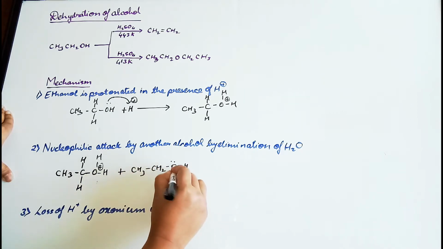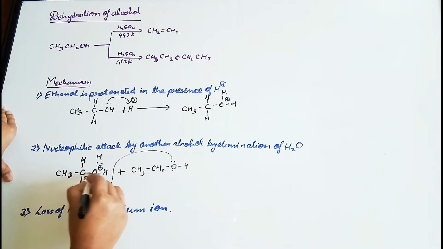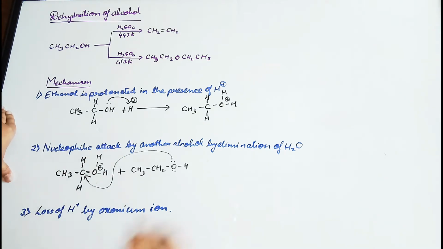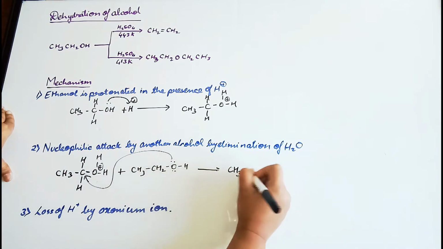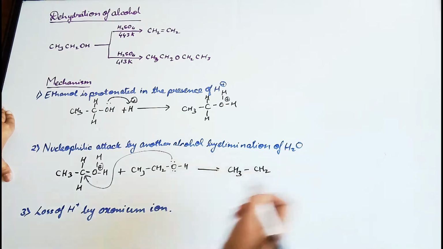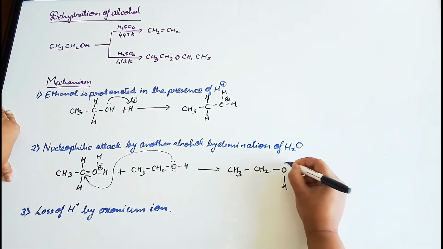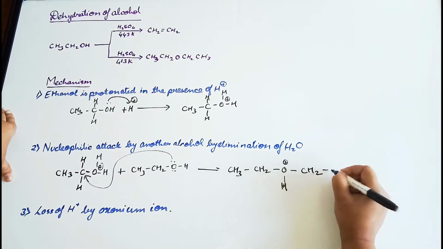The lone pair of electrons on the OH is going to attack this carbon atom, and this leads to the loss of the water molecule. So OH2 is going to get kicked out. So here what is happening? CH3CH2OH plus CH2CH3.